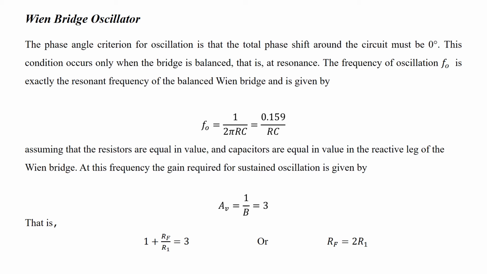Assuming that the resistors are equal in value and the capacitors are equal in the reactive leg of the Wien bridge, at this frequency, the gain required for sustained oscillation will be AV, which will be equal to 1 by B is equal to 3, which means 1 plus RF by R1 is 3, or RF is equal to 2 R1.